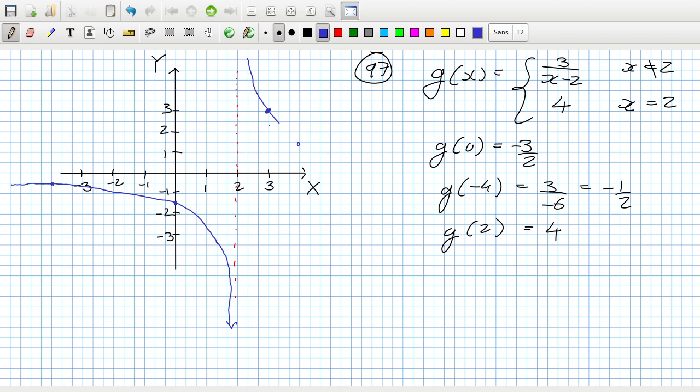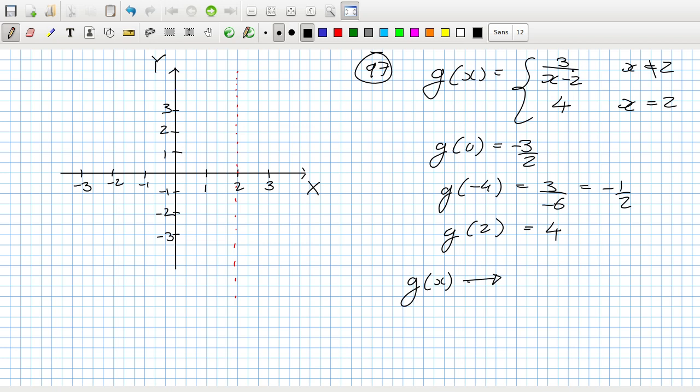You know, I think what might be good actually is to draw the horizontal asymptote before I begin as well. If you just look at g of x when it goes to infinity, that would be 3 over infinity.